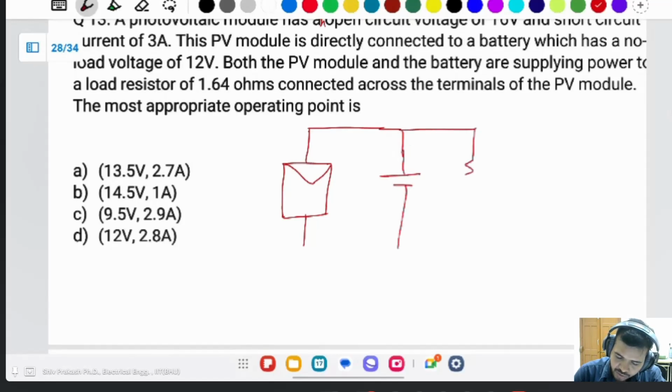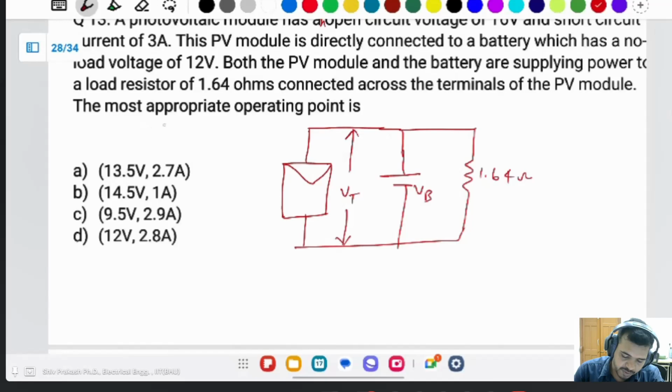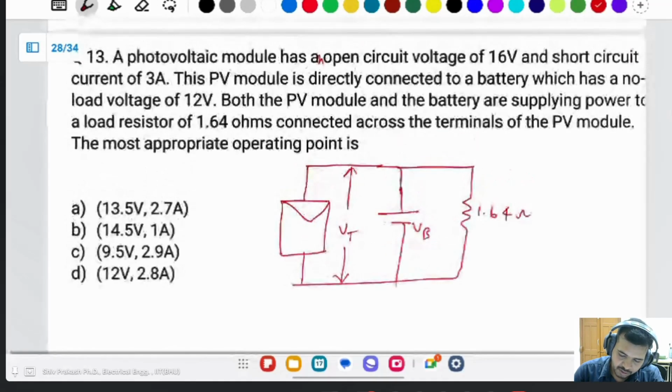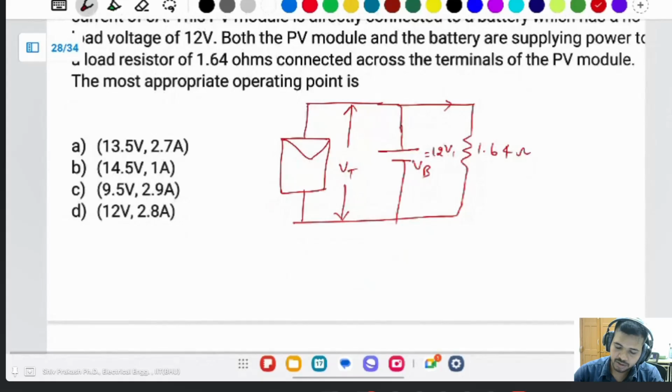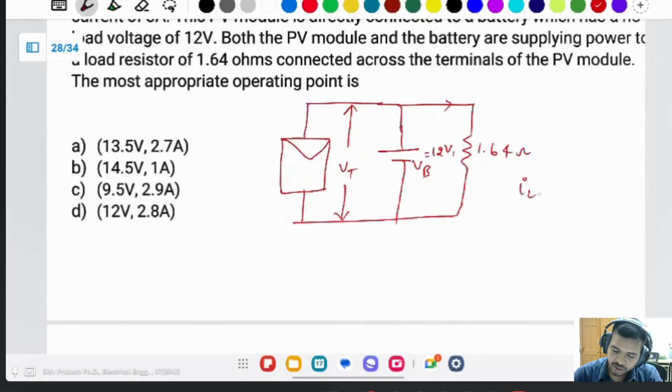Both are connected to a load resistance of 1.64 ohm across the terminal of the PV module. Then the approximate operating point: VB is equal to 12 volt. First calculate the load requirement of this one. IL is 12 divided by 1.64.